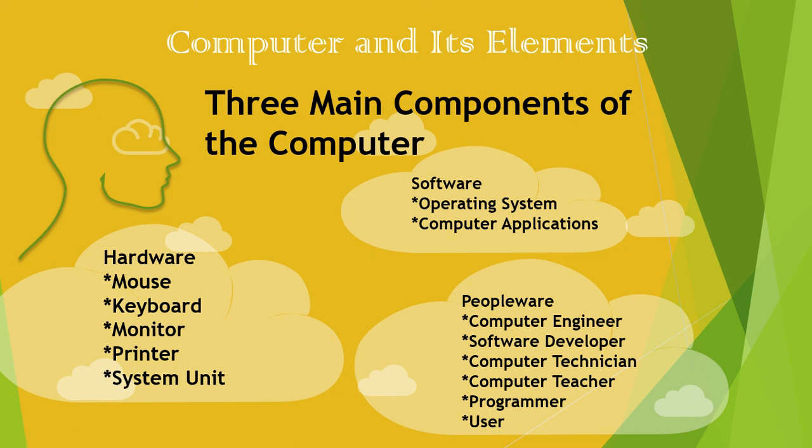There are a lot of hardware that can be found. Next, we have software, which are operating system and computer applications. And we have the most important element of computer, the peopleware. Examples are the computer engineer, software developer, computer technician, the teacher, the programmer, and of course, the user.